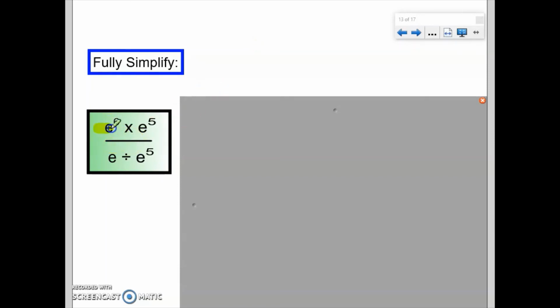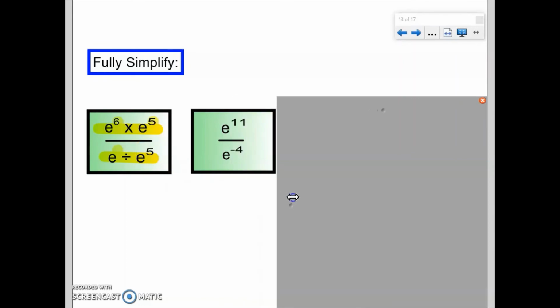First of all, I'm going to look at the numerator because it's a multiplication question. 6 add 5 is going to give me e to the power of 11. For the denominator, remember this should be e to the power of 1, and I'm going to subtract the 5, leaving me with e to the power of negative 4. So I'm left with this.